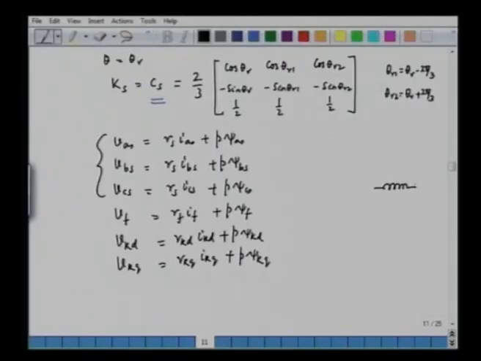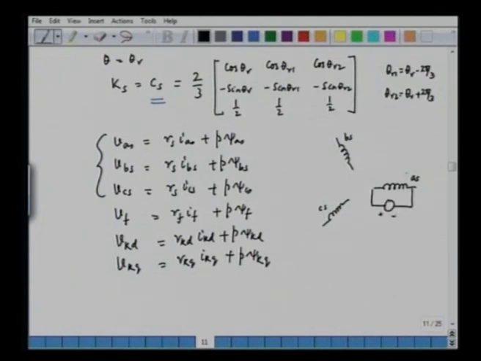But before we go for the rotor reference frame, let us try to understand how the machine is simulated in the ABC variables. Physically, we have phase A, phase B and phase C. We have 3 windings in this case. These are the stator windings, AS, BS and CS, and each winding has an applied voltage.